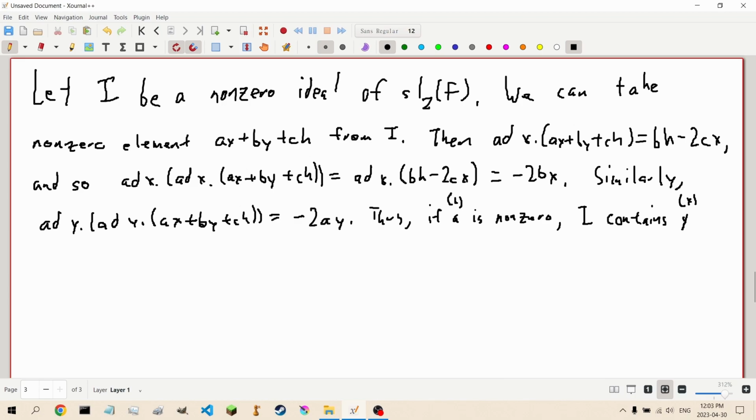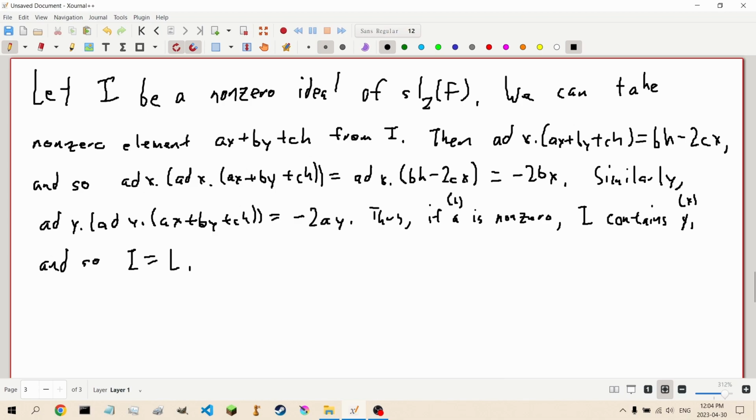And so I has to equal L, because let's say, for example, A is non-zero.